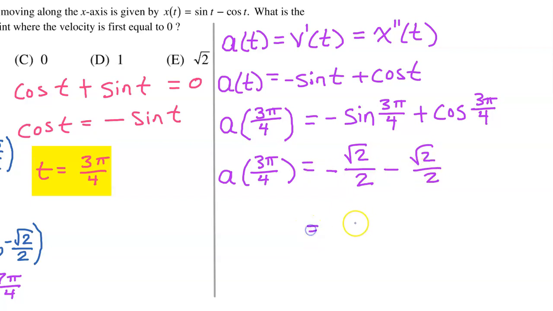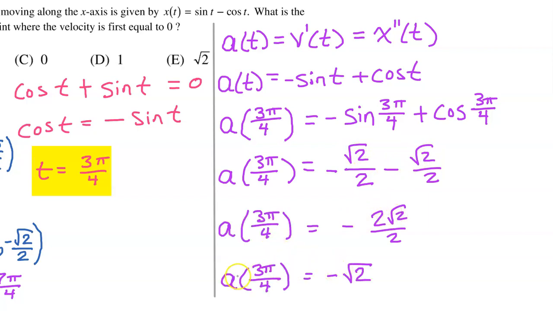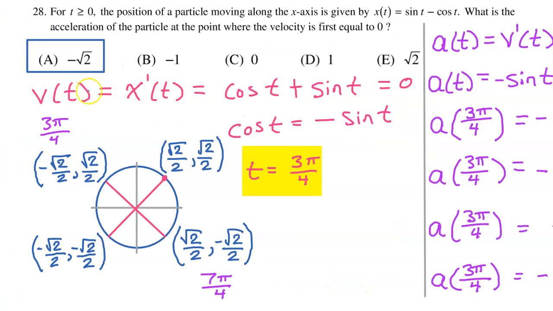Simplifying, we get negative 2 radical 2 over 2. I'm just keeping the like denominator, and I'm adding the numerator. Negative radical 2 plus another negative radical 2 is negative 2 radical 2. So the acceleration at 3 pi over 4 is negative radical 2. So the answer is A.